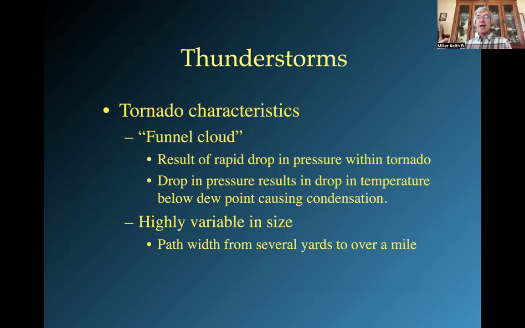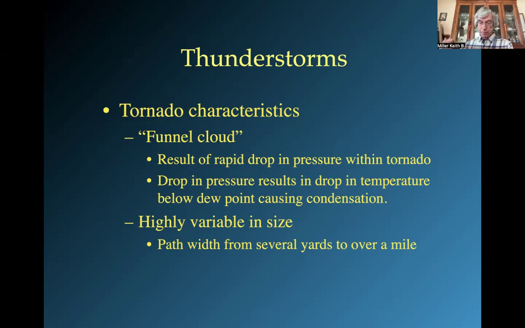What we think of as a tornado is a funnel cloud. And it really is a cloud. The reason you can see a tornado, or usually see a tornado, is that the pressure drop is very high. So there's a very rapid drop of pressure within the tornado, within that rapidly rising air. When you lower the pressure of something, it gets colder.